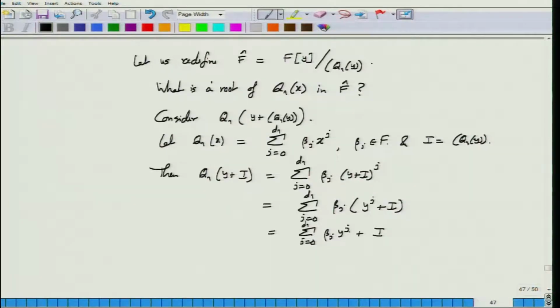And this sum would be just the sum of this part plus I. This is Q1 of y plus I, and this is I, because Q1 of y is contained in I. So therefore what we got was that Q1 of this element y plus I is I in f hat.